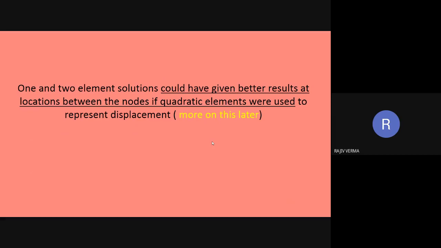This observation is important. The one and two element solutions could have given a better result at locations between the nodes if quadratic elements were used to represent the displacement.